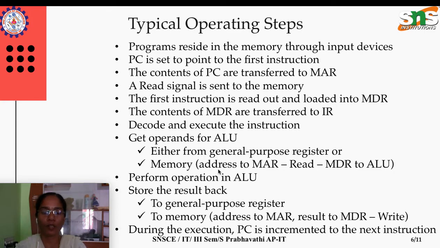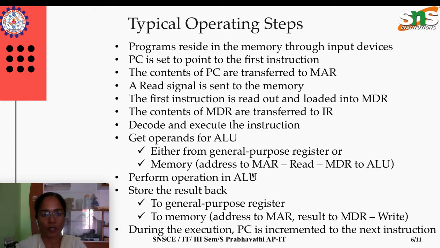So location A holds the address of the operand, which is stored again into the memory address register, and the control signal has to be initiated as read. The content is fetched and stored into the memory data register, and that is moved to the arithmetic and logic unit, and finally the operation takes place for this single instruction execution.